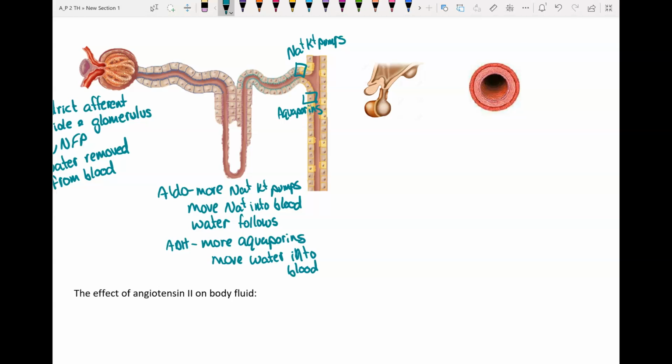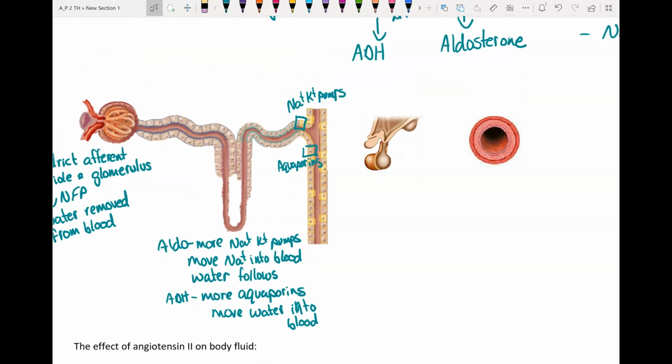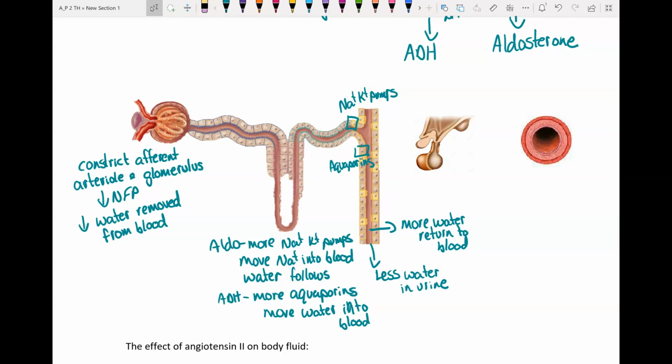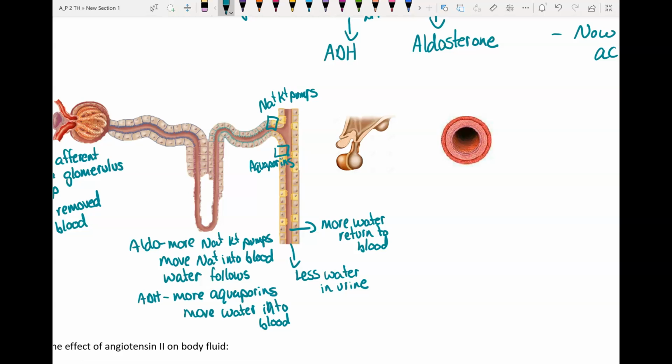So the result here of the more sodium potassium pumps and the more aquaporins is you're going to have more water return to the blood, and less water go to the urine. So by reducing the amount of water you take out in the first place, and then by putting more of that water back into the blood, you increase your blood volume.